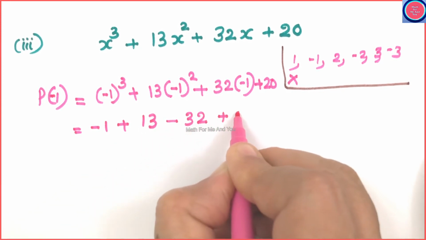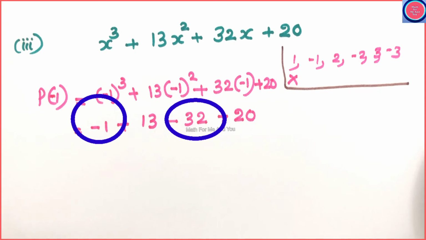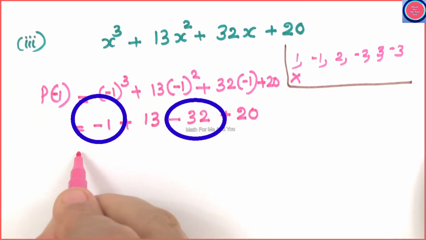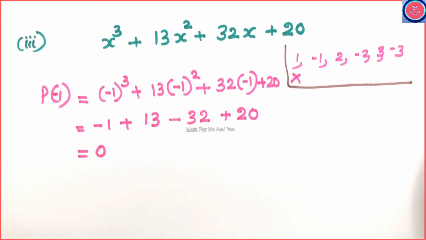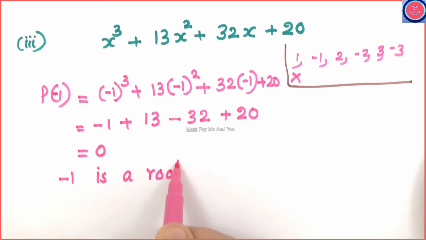Look at the total. Positive numbers 20 and 13, that is 33, and negative numbers minus 1 and minus 32, that is minus 33. 33 minus 33 is 0. P of minus 1 is 0. That means minus 1 is a root of this cubic polynomial p of x.